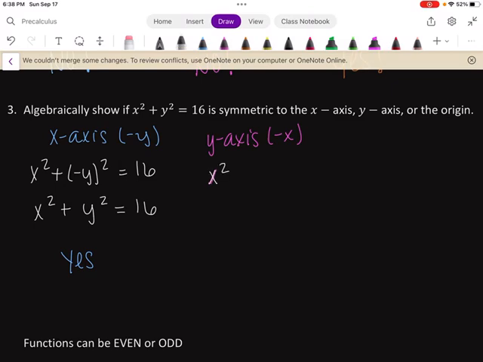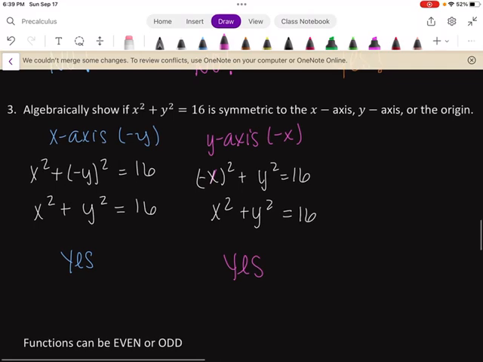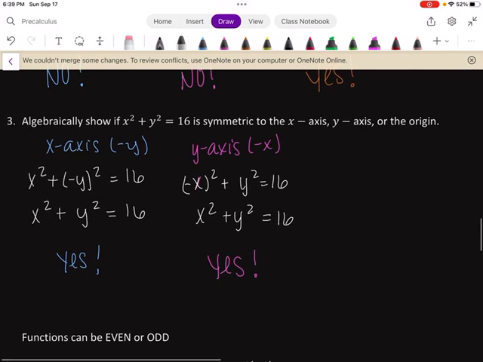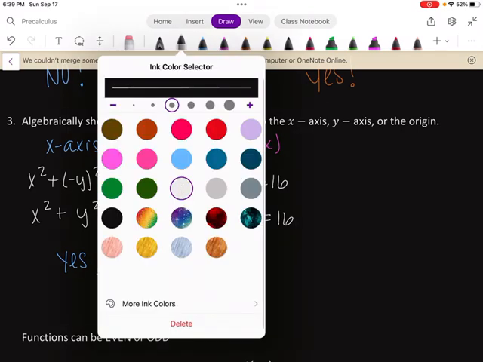So, again, plugging in that negative x there. That's going to nicely come out to positive x squared. So yes, it is symmetric with respect to the y-axis. And if something's symmetric to the x-axis and the y-axis, it will always be symmetric to the origin.